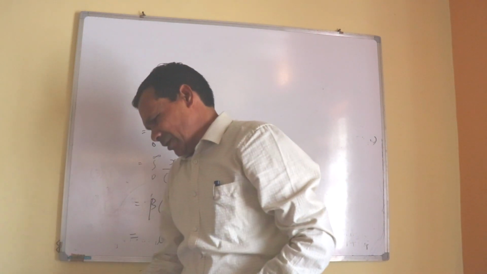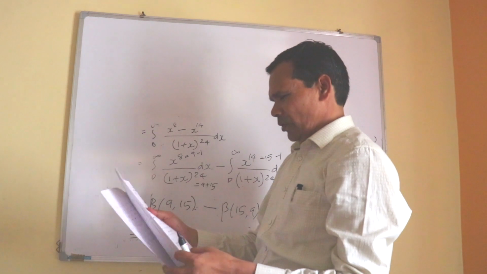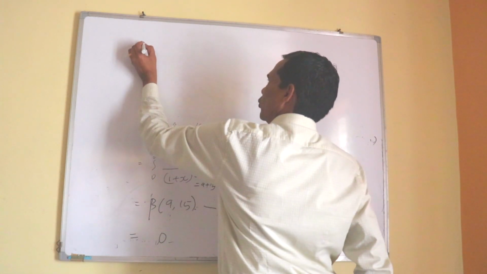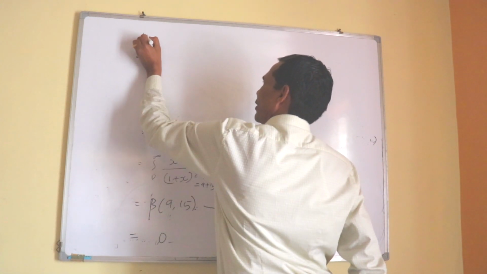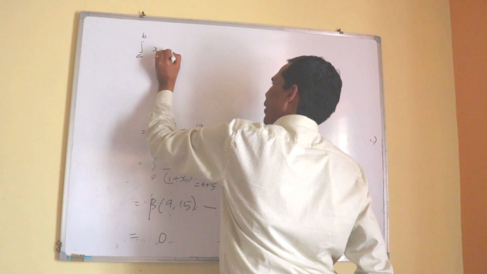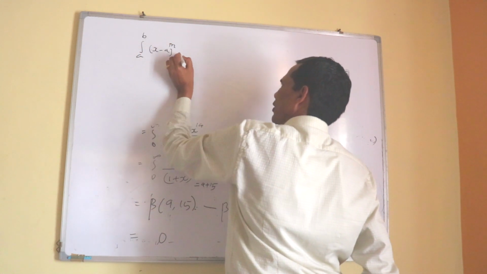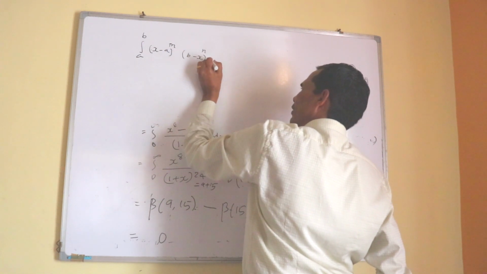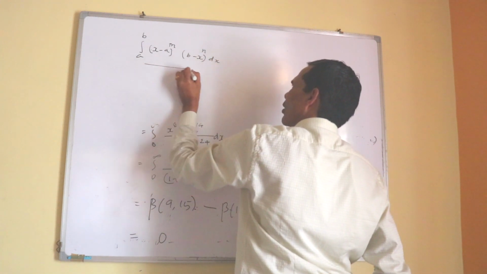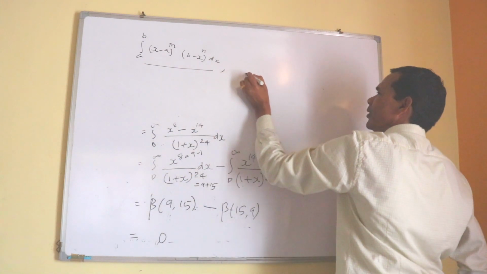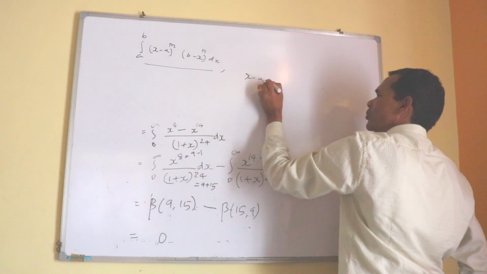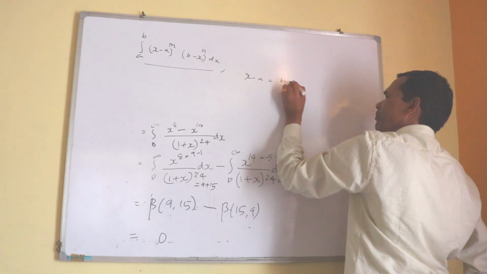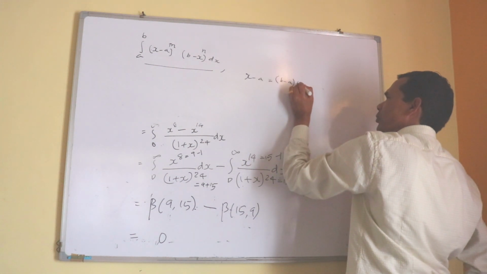Next there is an integral from a to b of (x minus a) raised to m times (b minus x) raised to n, dx. If this kind of integral occurs, then all the time we use the substitution x minus a is equal to (b minus a) into t.